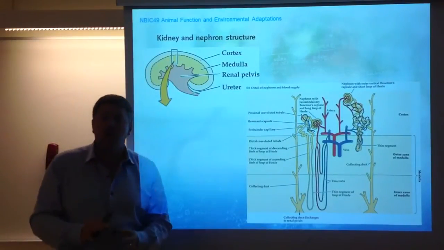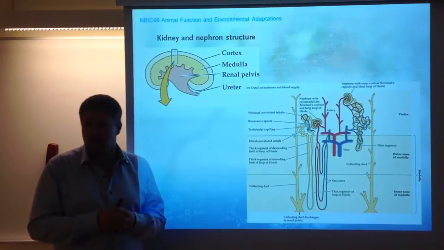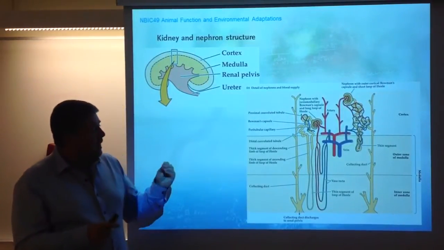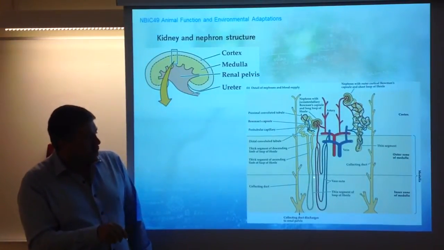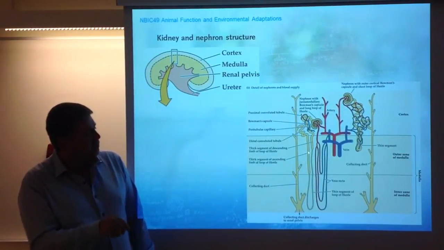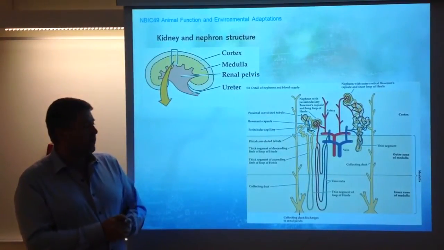What's important for our lecture today, I'm not going to be reviewing kidney physiology. This is something that you should have with you. But the important thing for this lecture is understanding how these long loops of Henle, these long nephrons, contribute to the possibility of concentrating the urine.